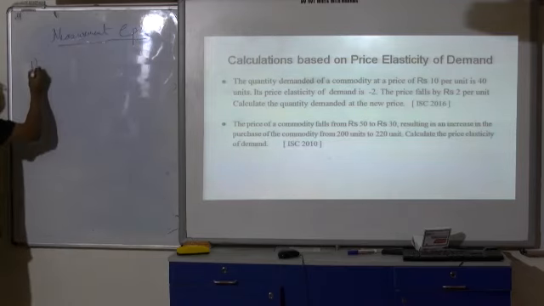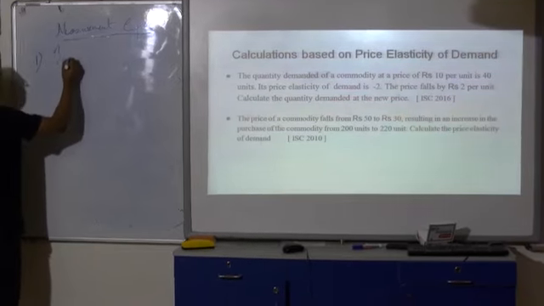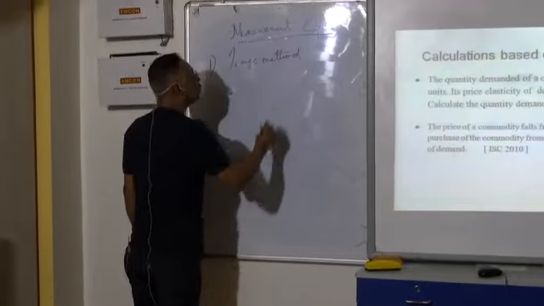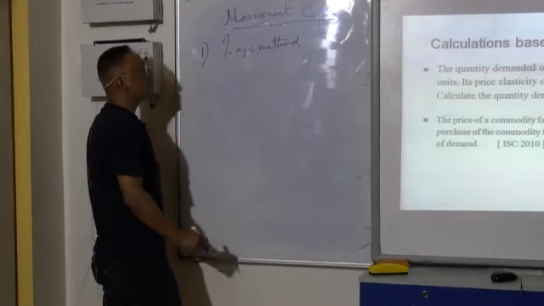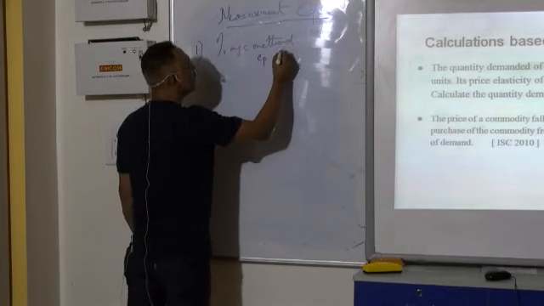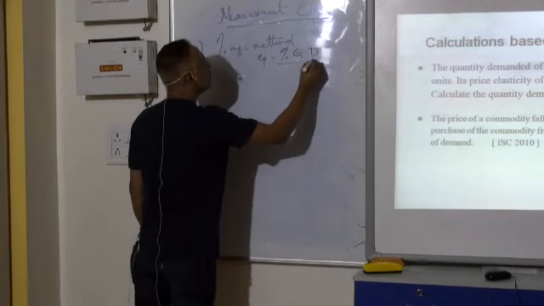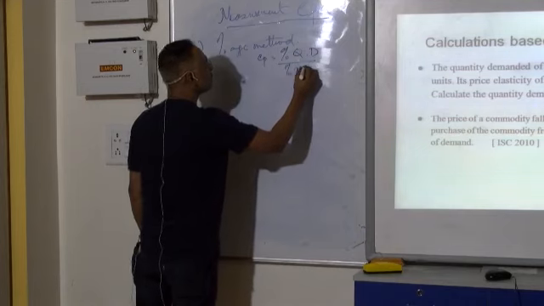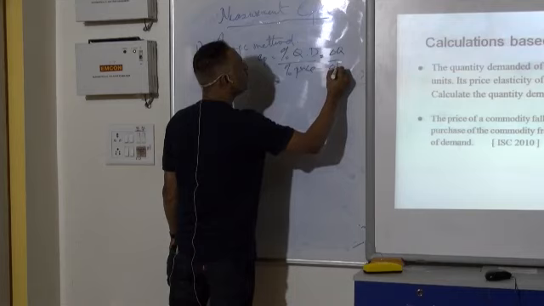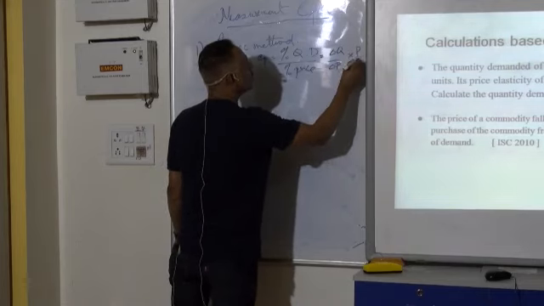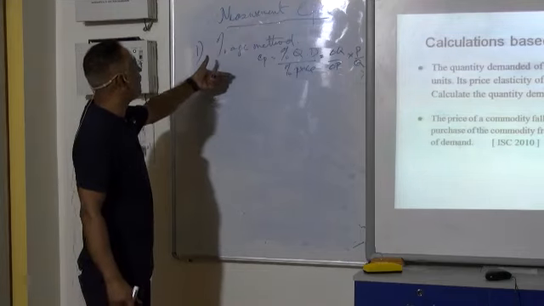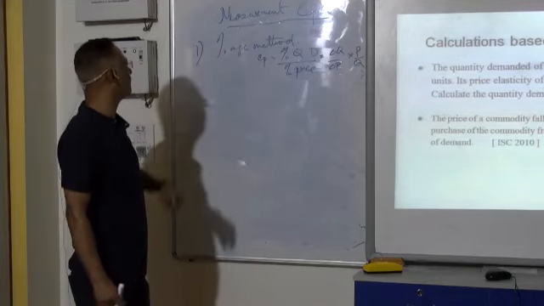The first method is known as the percentage method. In percentage method, we use the formula price elasticity of demand is equal to percentage change in the quantity demanded upon percentage change in the price. We also use delta Q upon delta P into P upon Q. And then we do some calculation to find out and measure the price elastic demand.